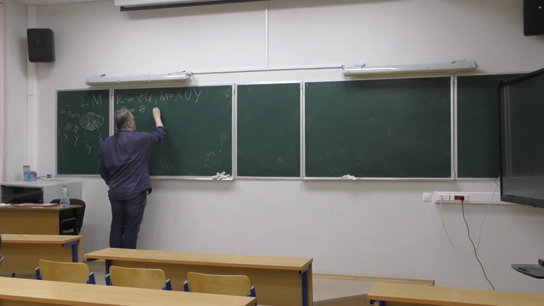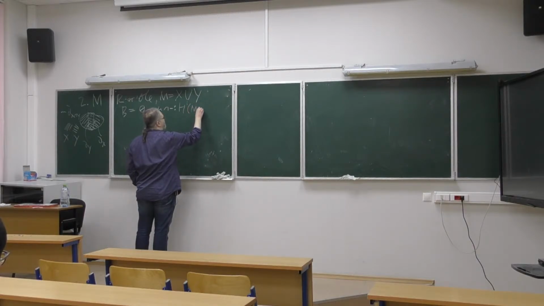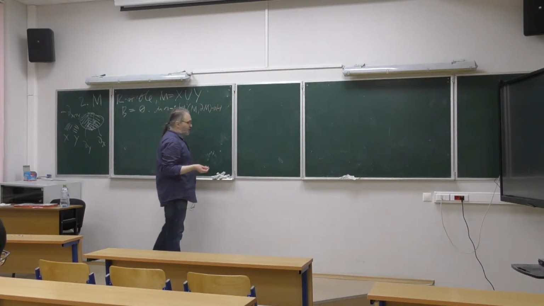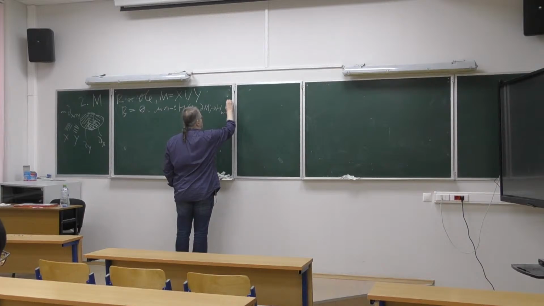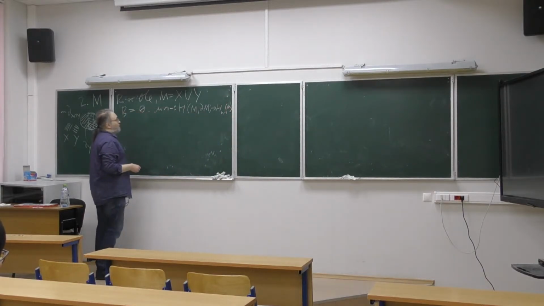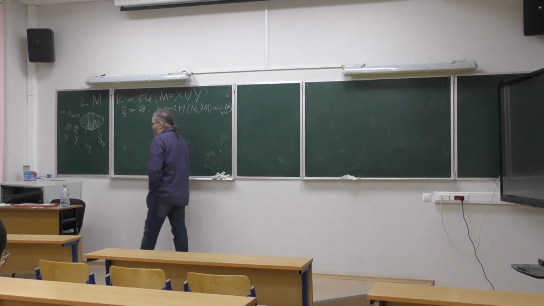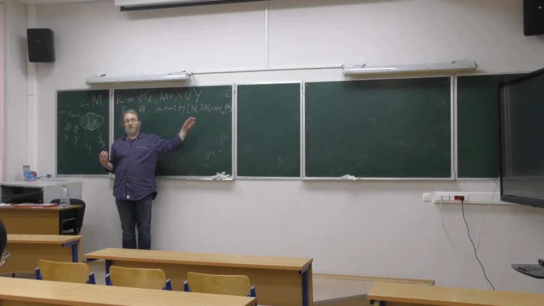So we have a map from H upper i of M, dM to n minus i of just M. Which means on the left we have the compactly supported cohomology of M minus dM.